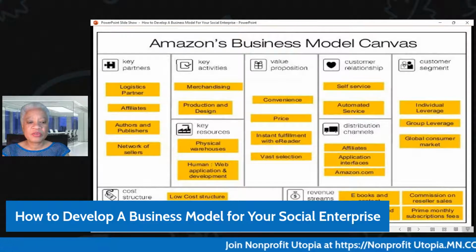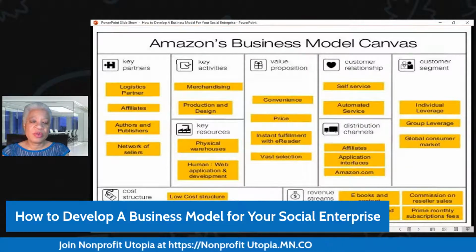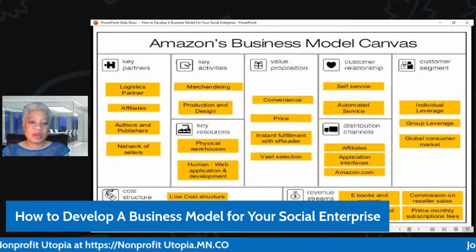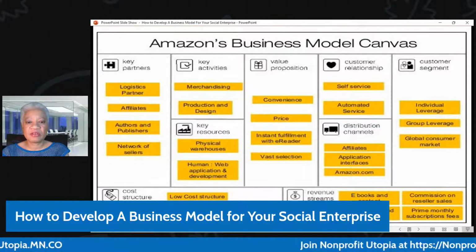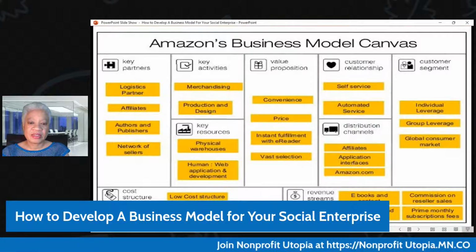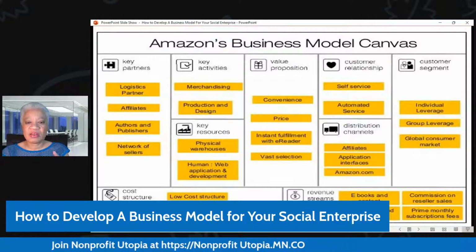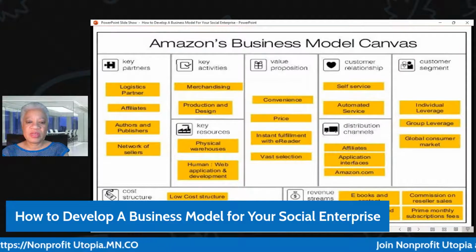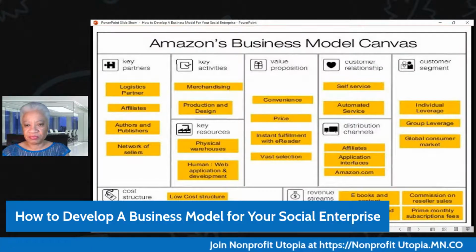Their key resources are physical warehouses, and the human resources include people who develop the web application, and they also develop these applications. So their key value propositions are convenience, price, instant fulfillment with e-reader, and then vast selection.